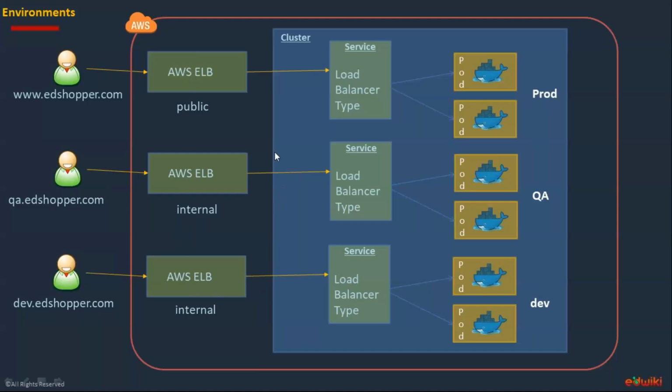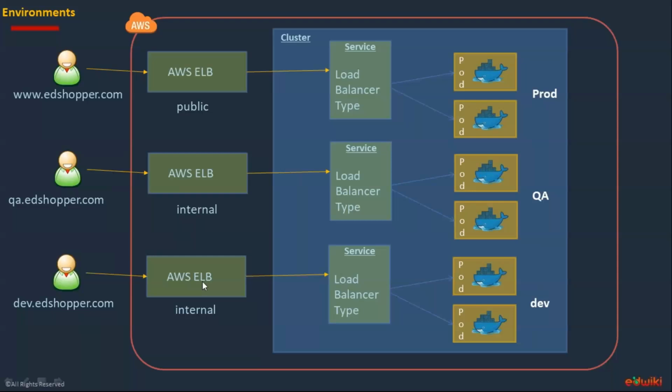So maintaining a unique port is one problem. The second problem is maintaining the AWS load balancers. To access three services, if you maintain three load balancers like this, unnecessarily I'm adding more cost on my AWS side, correct? I need to pay for a total of three load balancers.